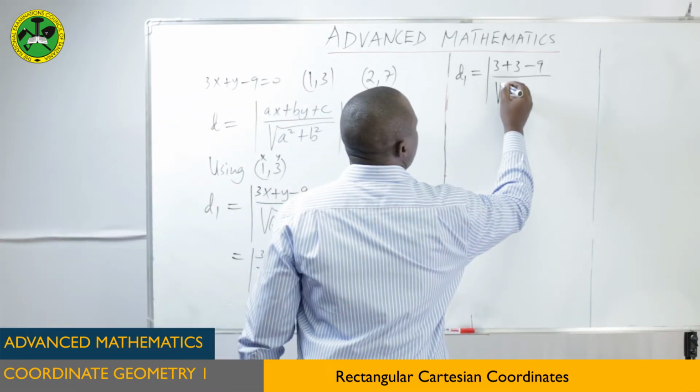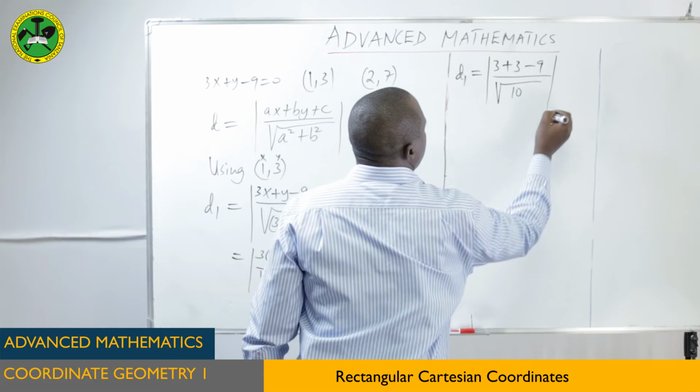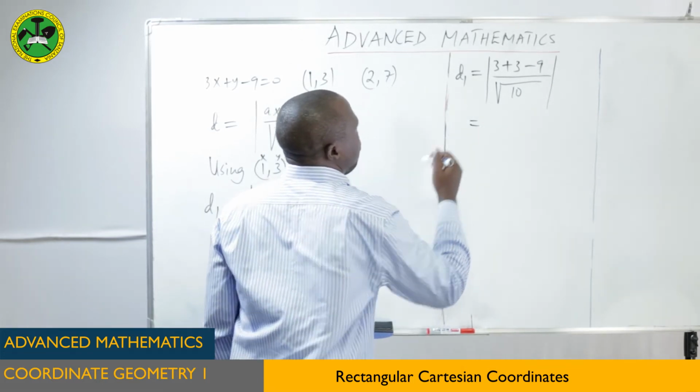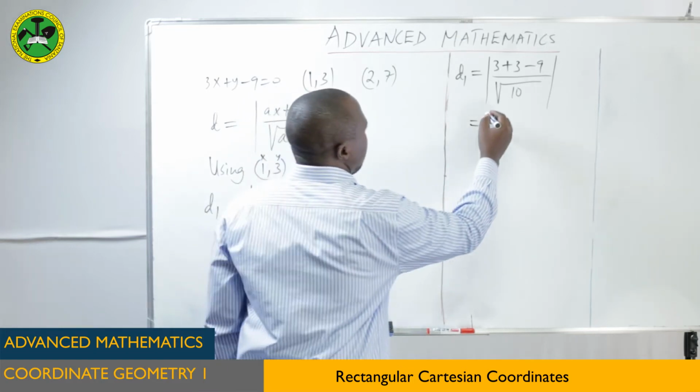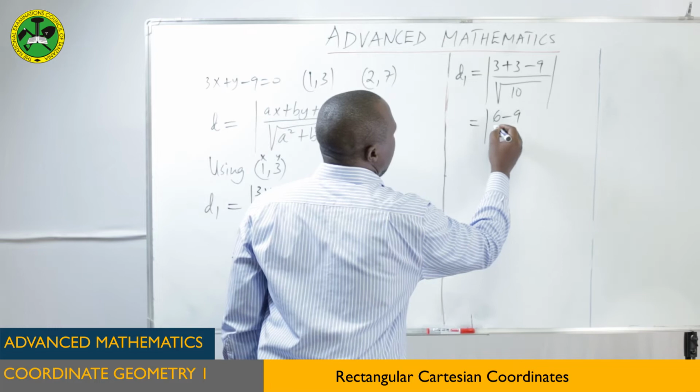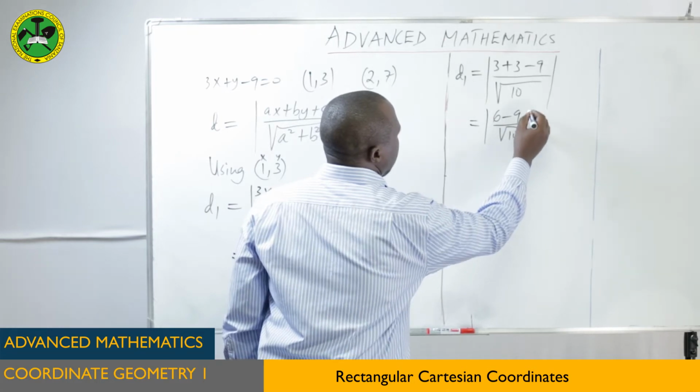Therefore d1 is equal to 6 minus 9 over the square root of 10.